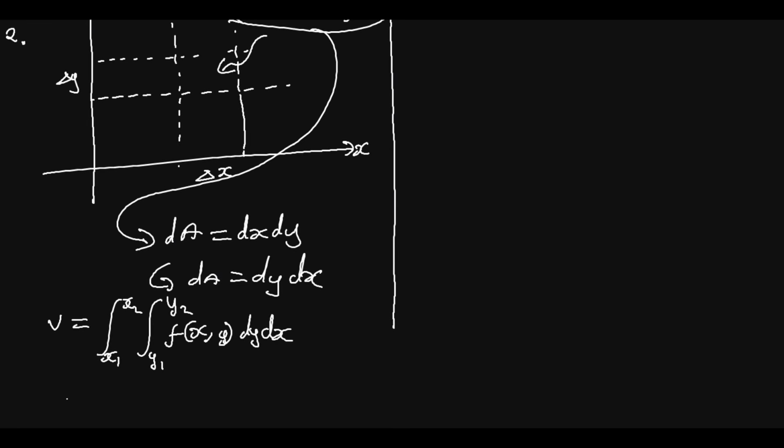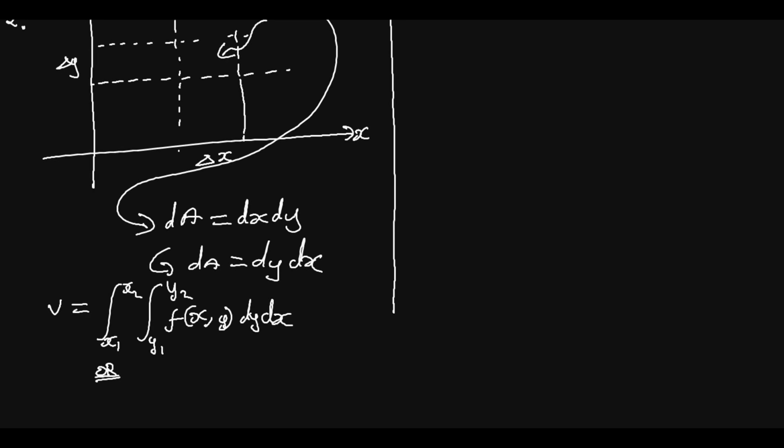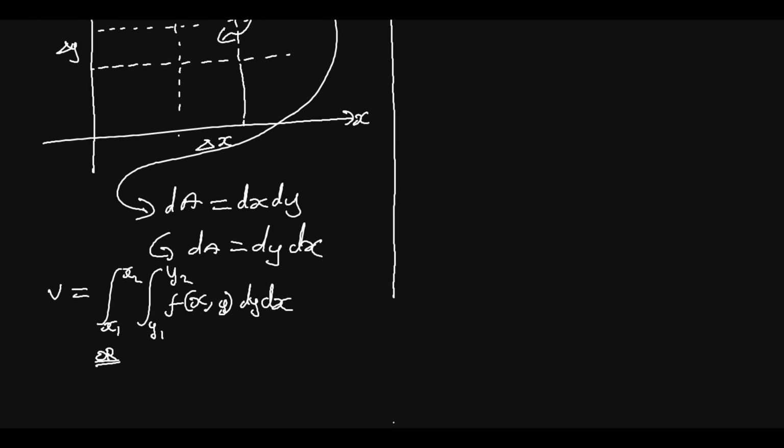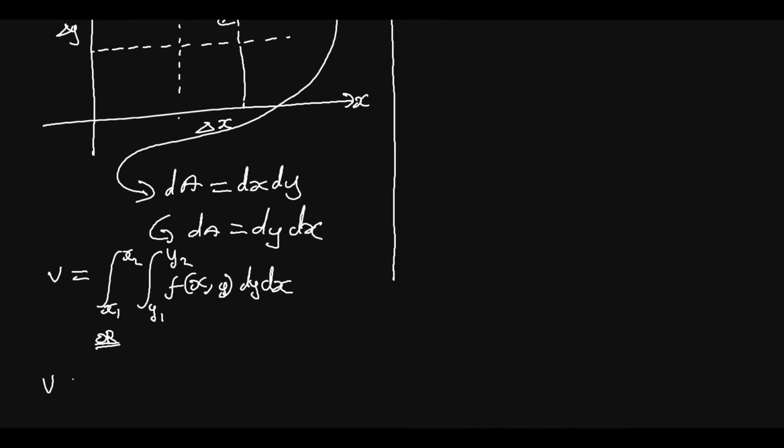V is still the same. So V can still get the same value even if the limits are swapped: f of x, y, dx dy. Right, so this is what we have on the rectangular side.